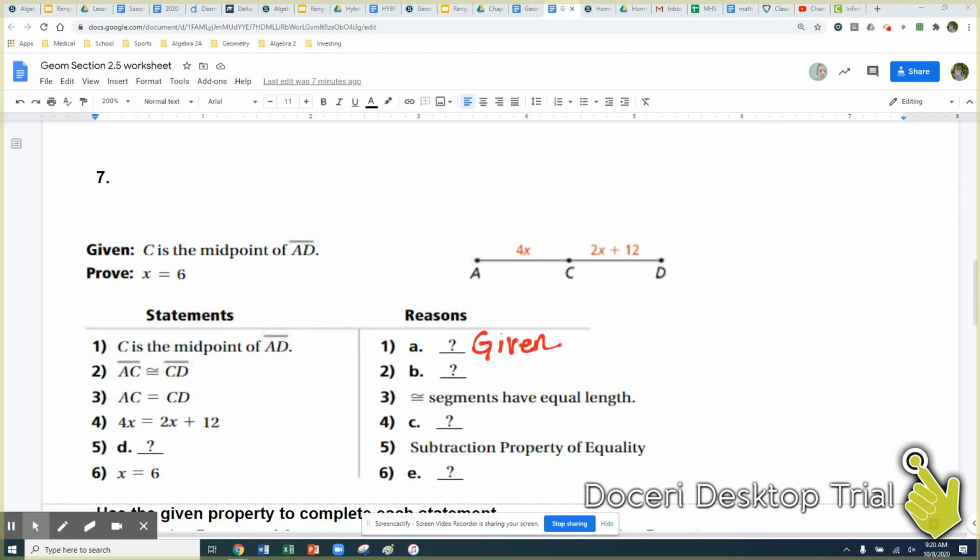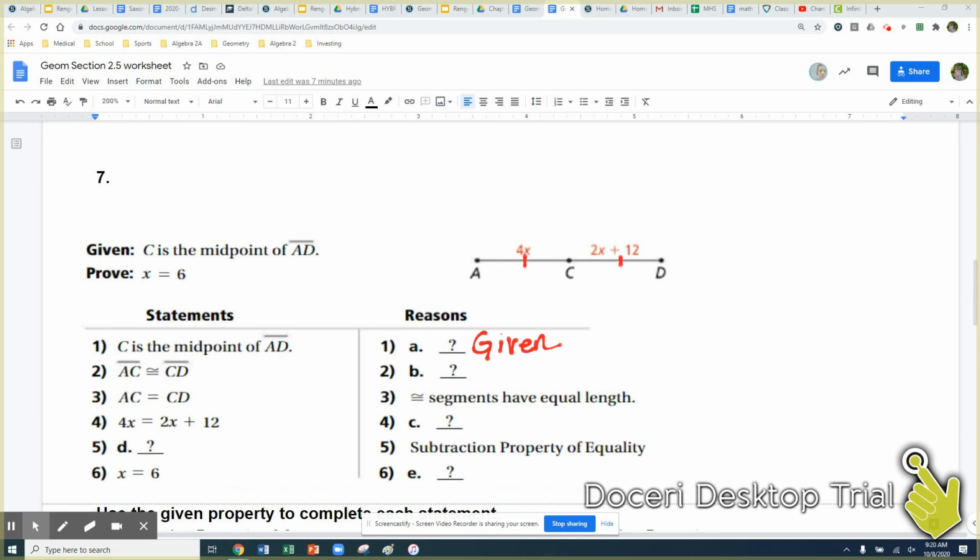And if you're using a hard copy and you want to make some notes, that's going to make those two segments equal. So that's going to be what happens when you have that midpoint. And that's exactly what the statement in problem 2 is saying. So problem 2 says segment AC is congruent to CD.